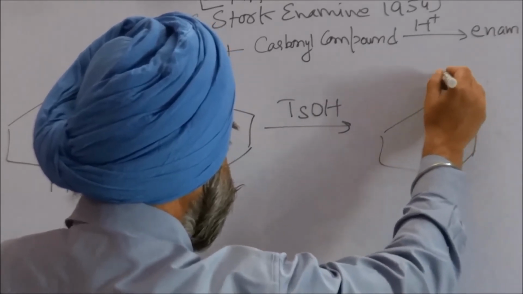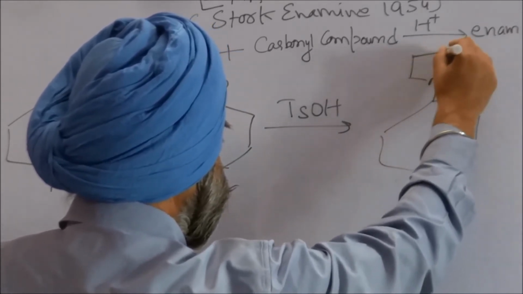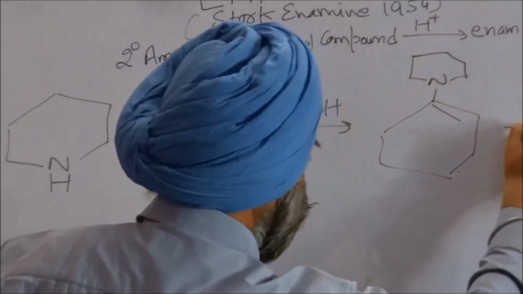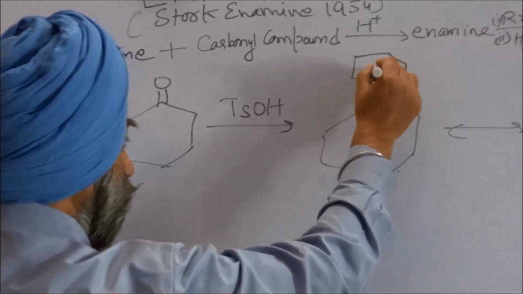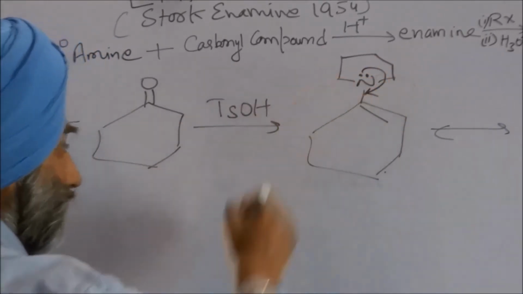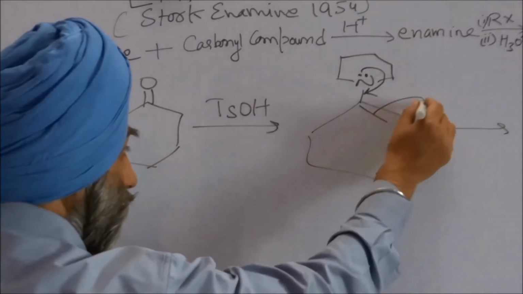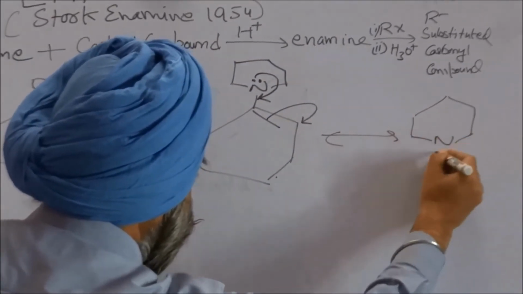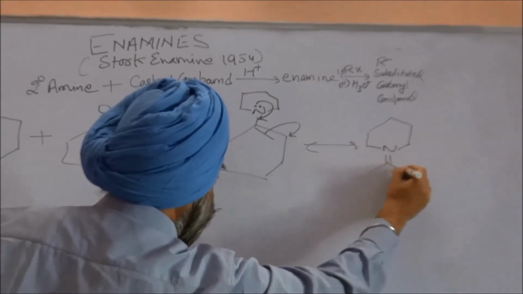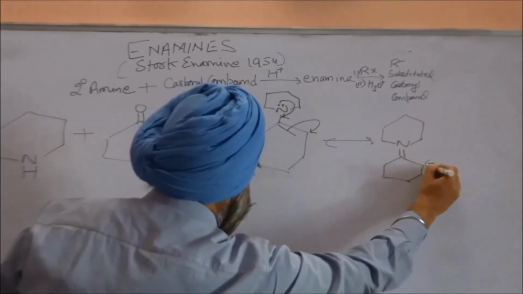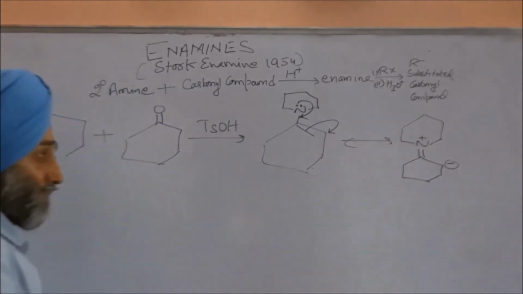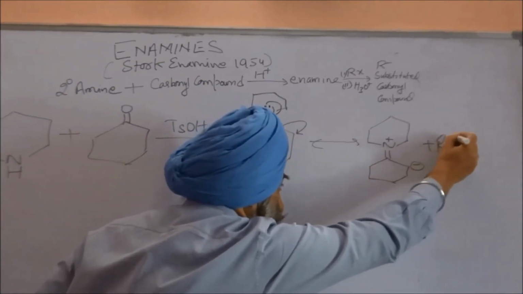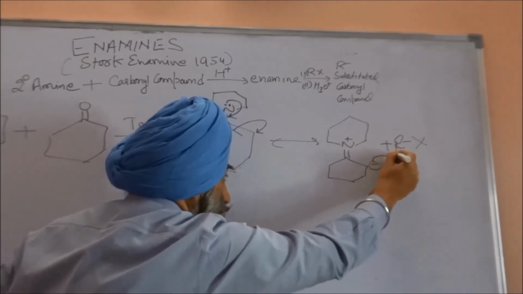We get this enamine, and this shows resonance. Nitrogen can share its electrons so that this pair of electrons can be shifted here and we get this structure. This is a nucleophile.